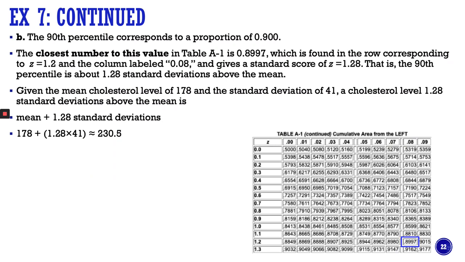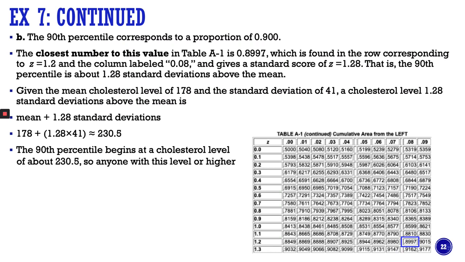So you're taking your mean cholesterol and adding 1.28 times the standard deviation. Our standard deviation is 41, so multiply those together to get your total score there. So the 90th percentile begins at a cholesterol level of about 230.5. So anyone with this level or higher might need treatment.